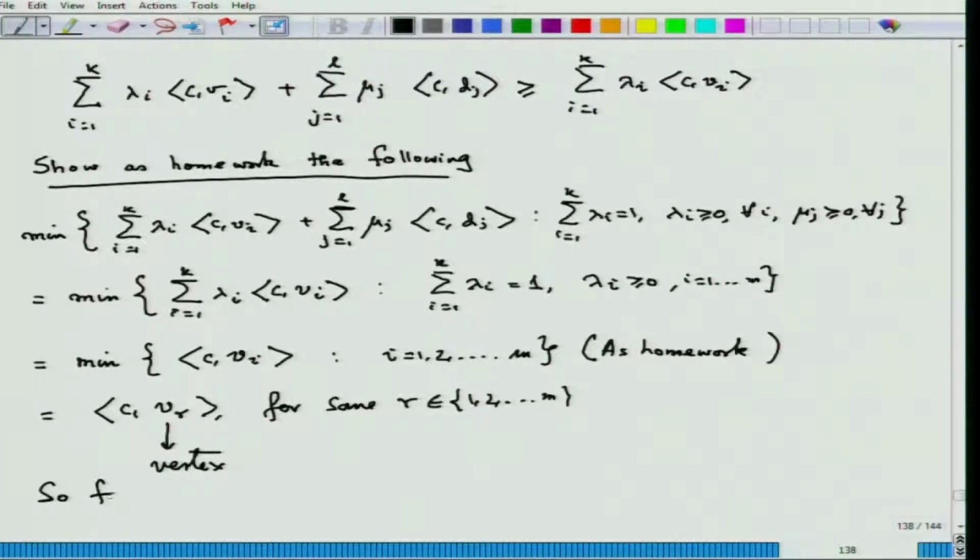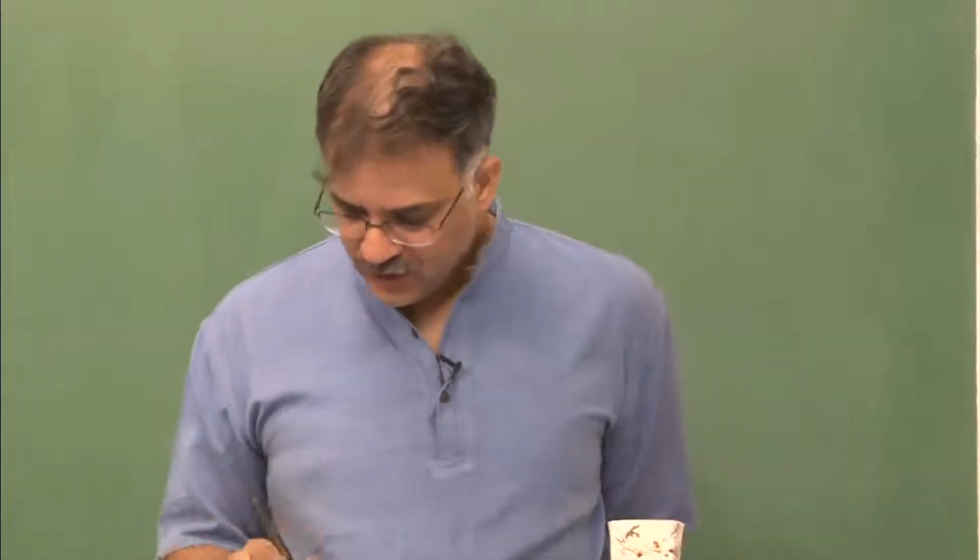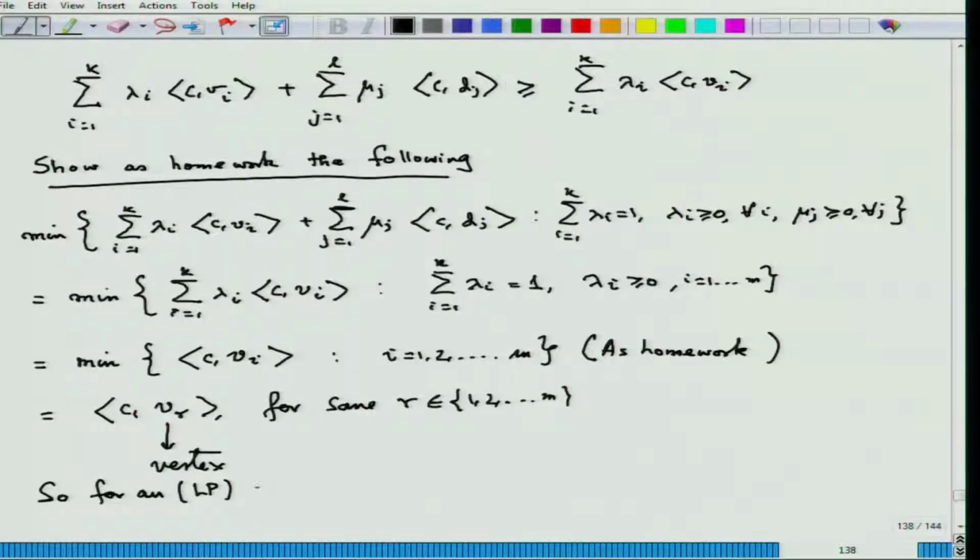So for an LP, in general I am writing for our LP problem, our LP in the standard form, the optima or the minima in this case is obtained at a vertex.